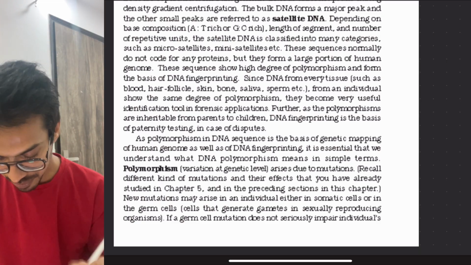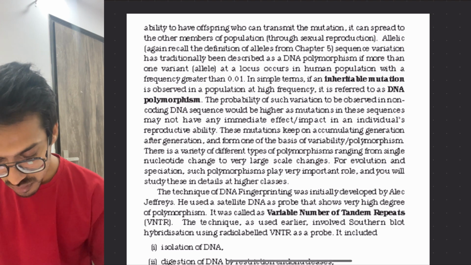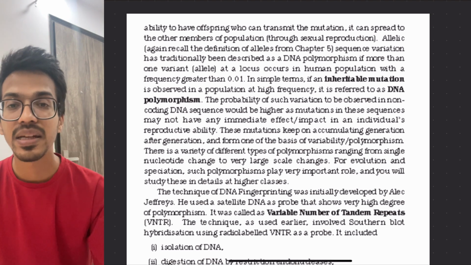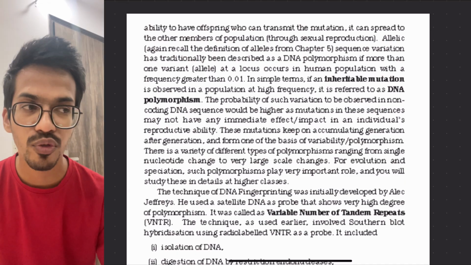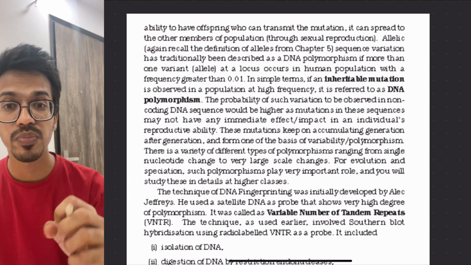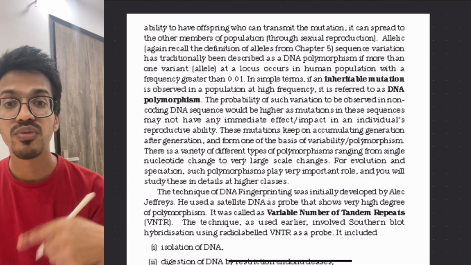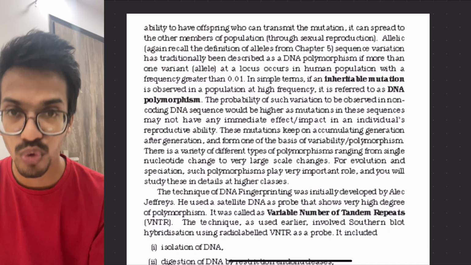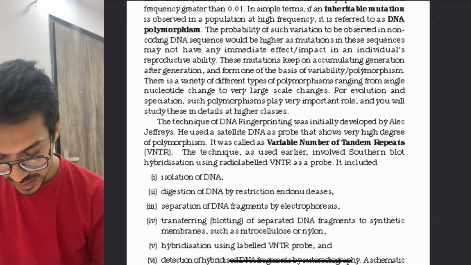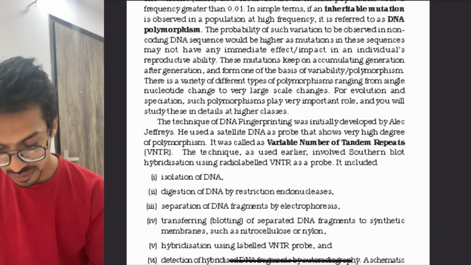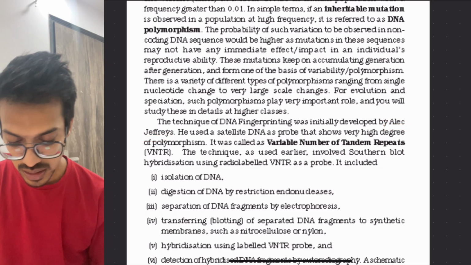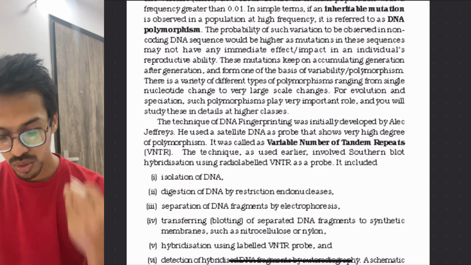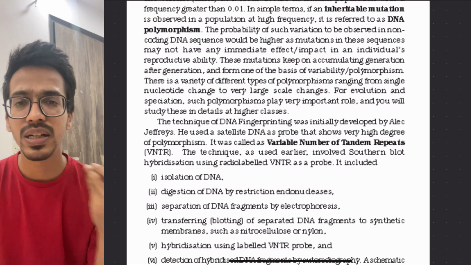This polymorphism is also inheritable: what is present in me will go to my child also, though of course with variations. Now, DNA fingerprinting was developed by Alec Jeffreys. This person found that there are variable number tandem repeats.